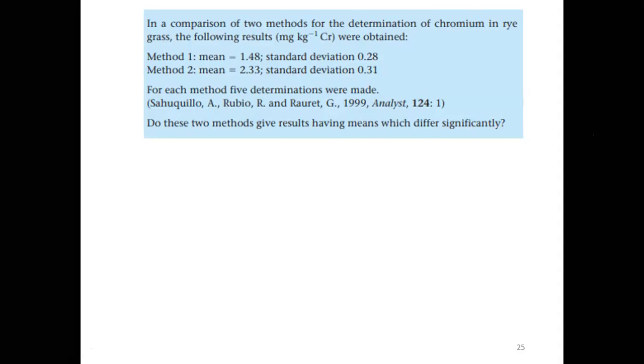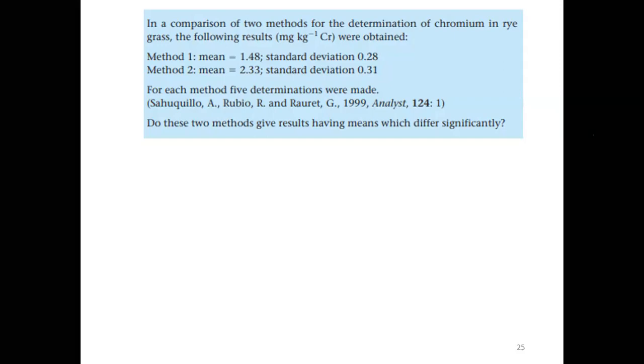And when we use method 2, the mean is 2.33 and the standard deviation is 0.31. For each method, 5 determinations were made. So, N1 equals 5, N2 equals 5. Do these two methods give results having means which differ significantly?